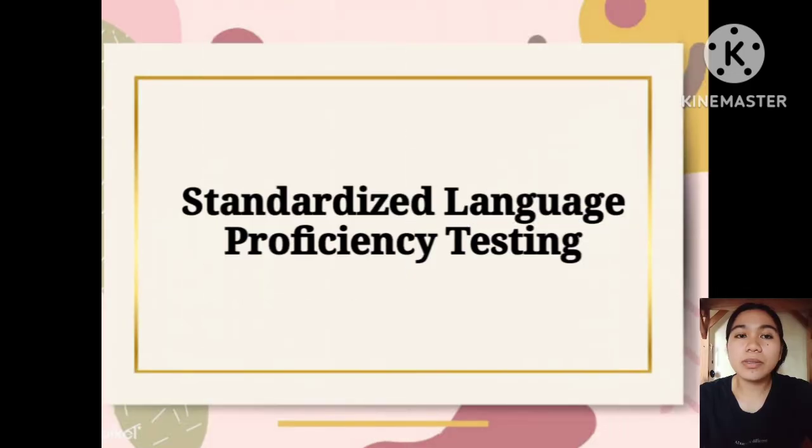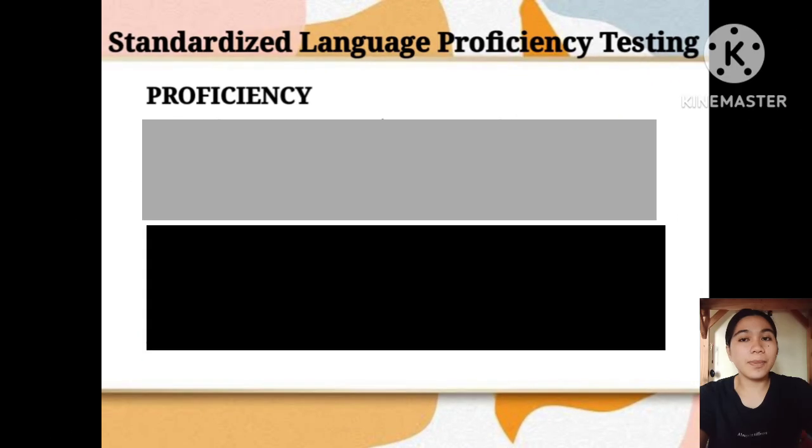At this point, we have the standardized language proficiency testing. Tests of language proficiency presuppose a comprehensive definition of the specific competencies that comprise overall language ability. The specifications for the TOEFL provided an illustration of an operational definition of ability for assessment purposes. This is not the only way to conceptualize the concept.